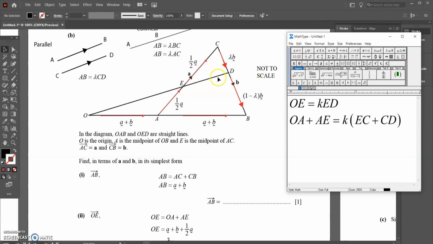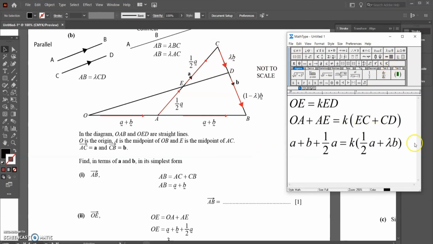If you don't want to use that, you can use another way, but I think this is easy. So O to A is A plus B. I'm going to write A plus B only. Then A plus B plus AE, A to E is half A, equals K bracket EC, E to C is half A, plus C to D, lambda B. So it will give you lambda B here.